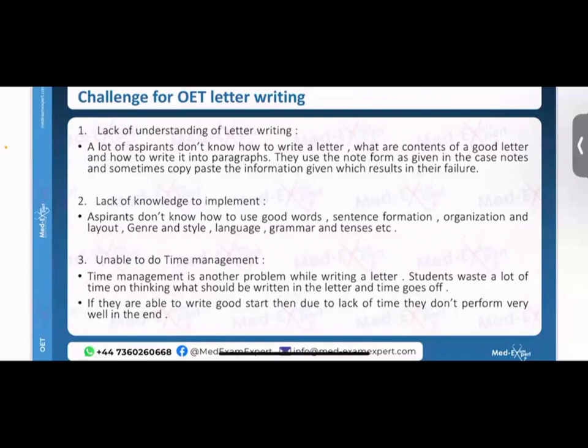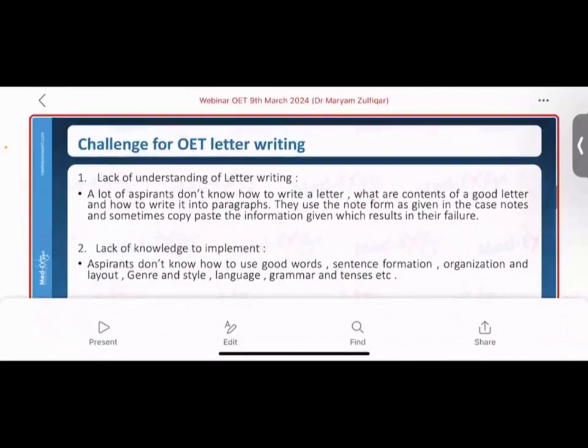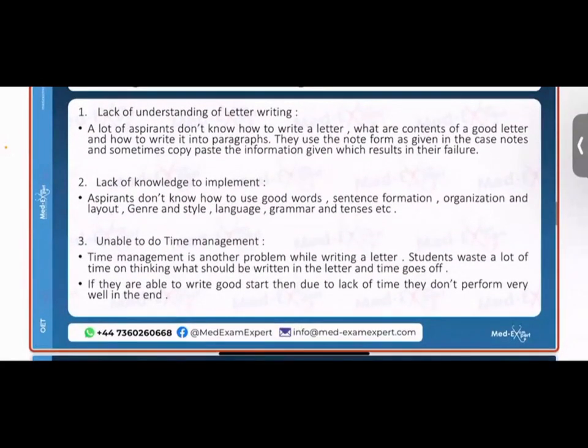I have quoted this example to tell you that the techniques and challenges I'm describing are true case scenarios. So please consider these things when you appear for your OET exam.